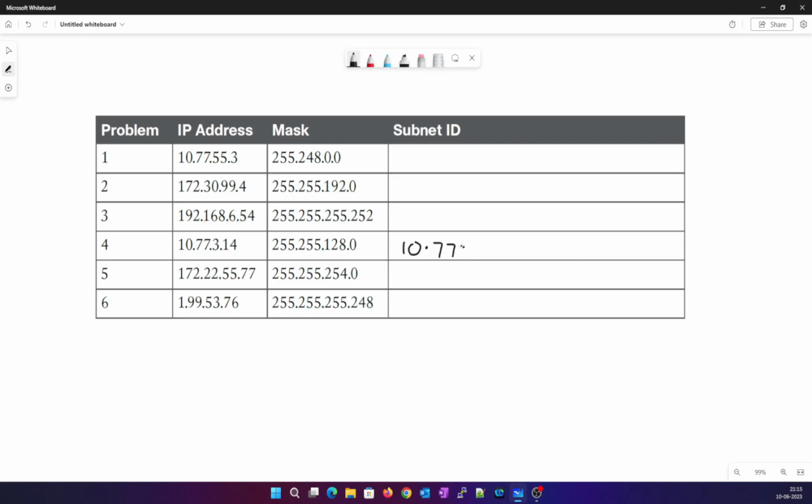Then we have two more octets, but the third octet is 128 and that is our difficult mask. So 256 minus 128. What is 256 minus 128? That gives us a value 128, right?